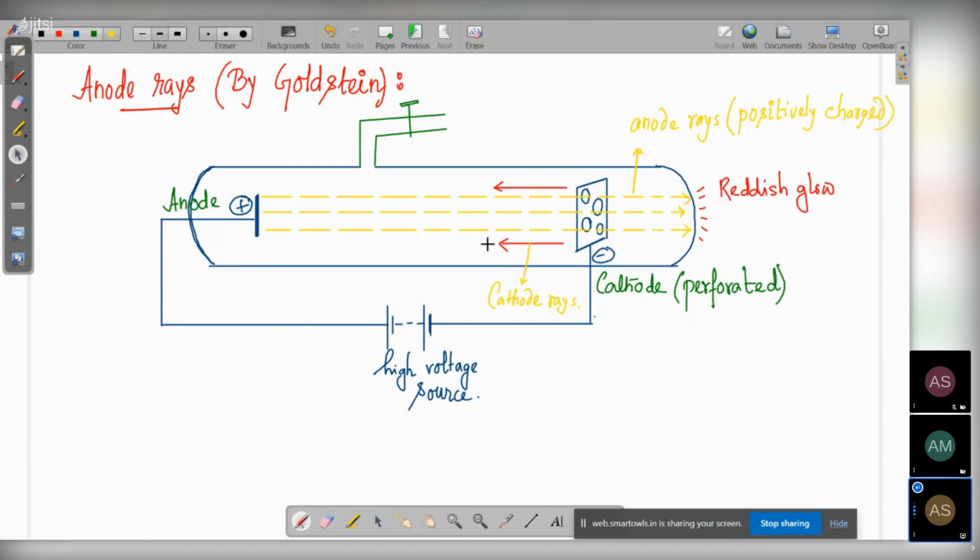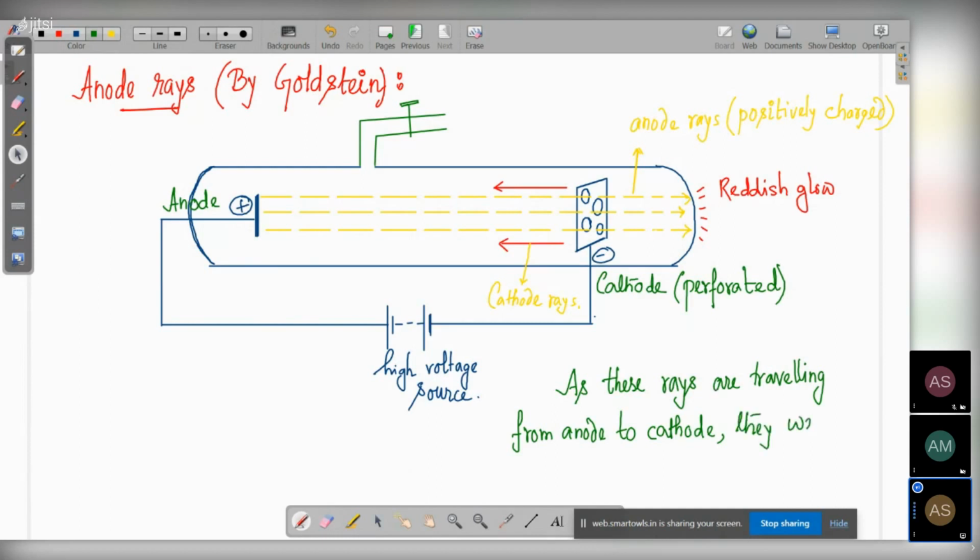So he said that as these rays are traveling from anode to cathode, that's why they are called anode rays. So they were named as anode rays.